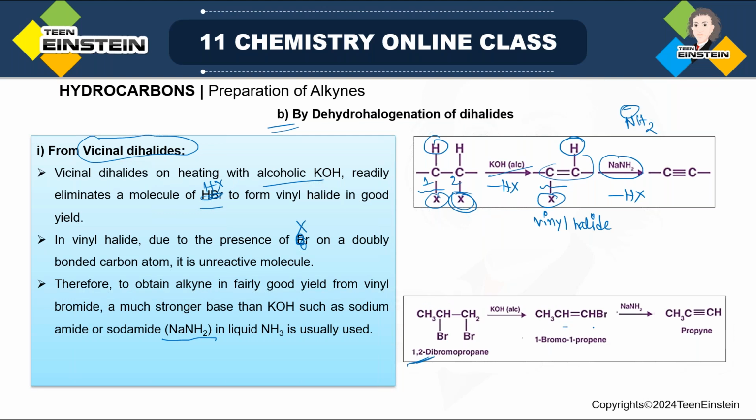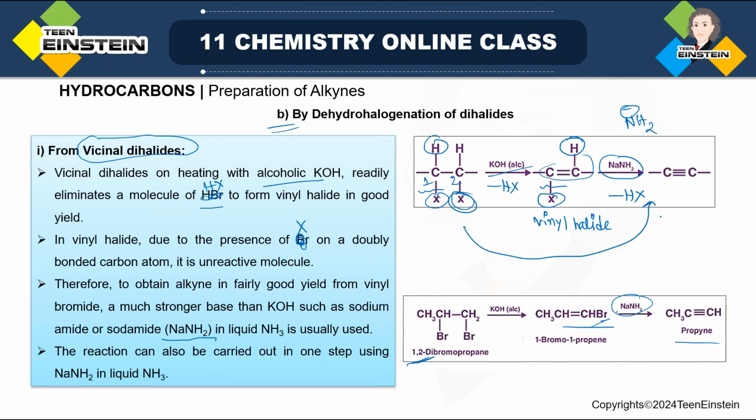First we are getting this molecule where one more halogen is still there, and we use a strong base so that we finally get the C≡C triple bond. You can also do the reaction in a single step by using only NaNH2 in liquid ammonia. Directly you will get this alkyne if you only use NaNH2.